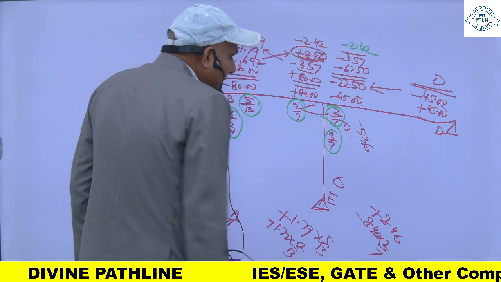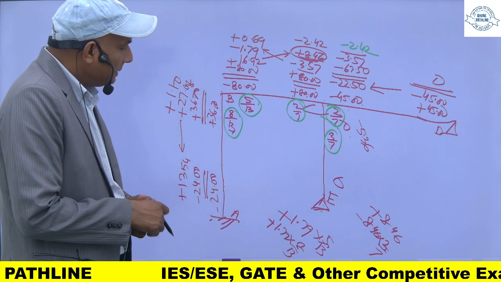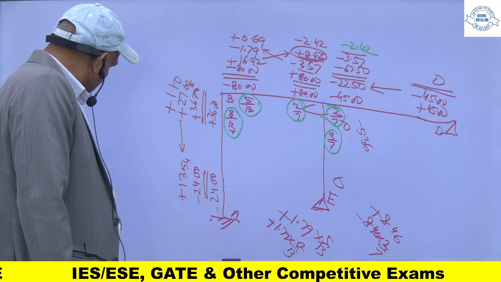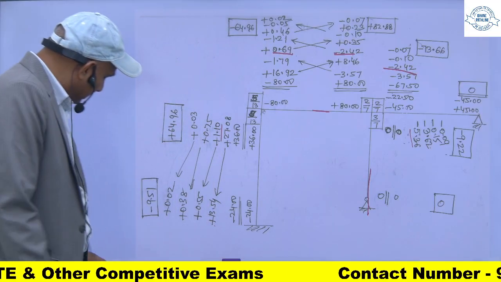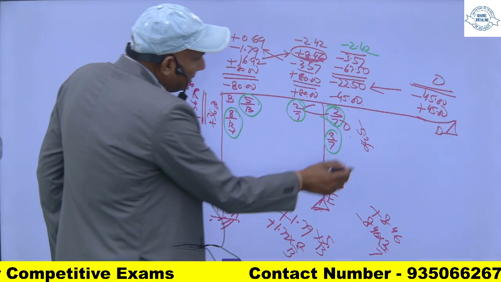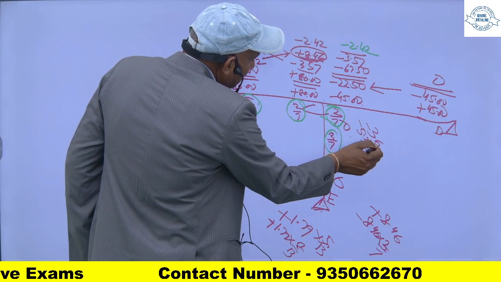So multiplying by 3/7, you will get minus 3.62.